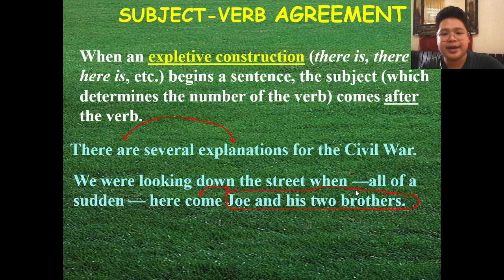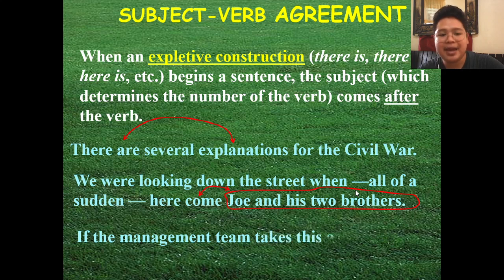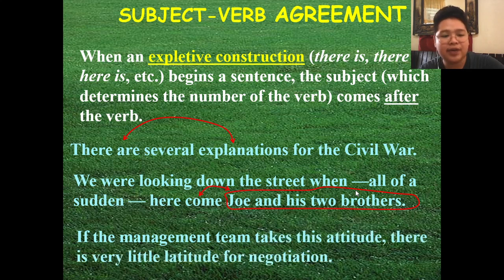Next example: if the management team takes this attitude, there is very little latitude for negotiation. The one that is being talked about here is latitude, so we use the verb is. So there is very little latitude for negotiation.